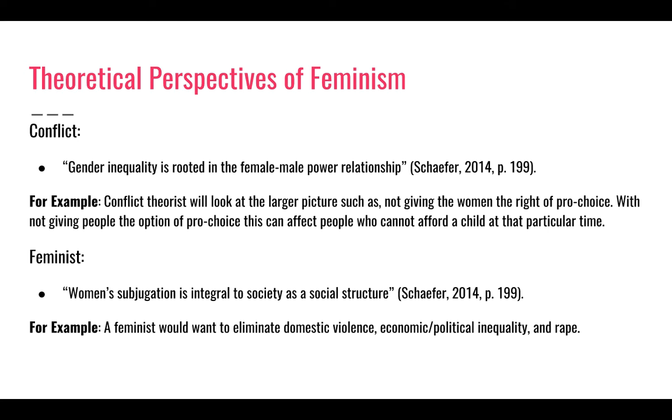In reality, the feminist theory has always been about viewing the social world in ways that eliminate the forces that create and support inequality, oppression, and injustice. Which means, in so doing, it should promote and pursue equality and justice. For example, a feminist would want to eliminate all domestic violence, economic and political inequality, and rape.